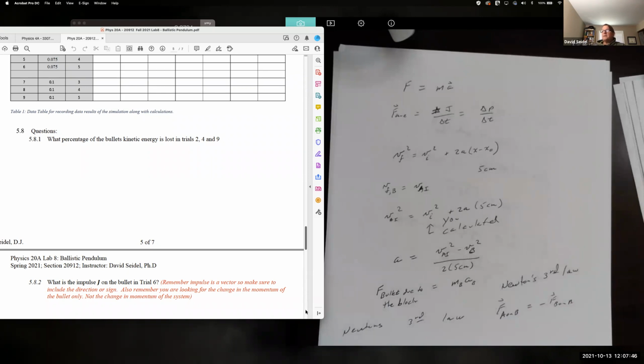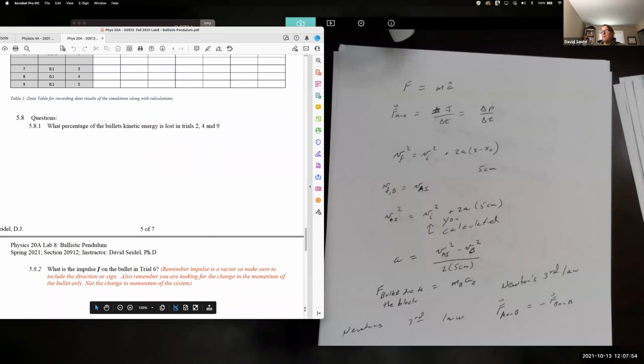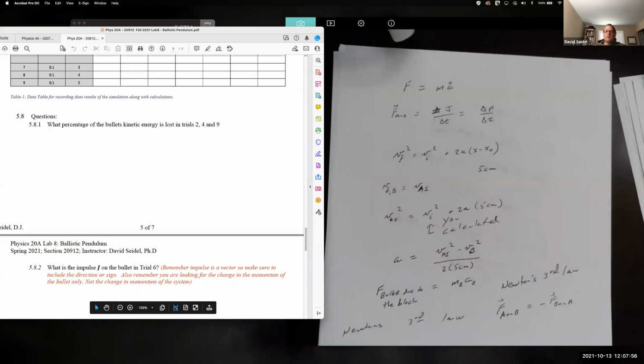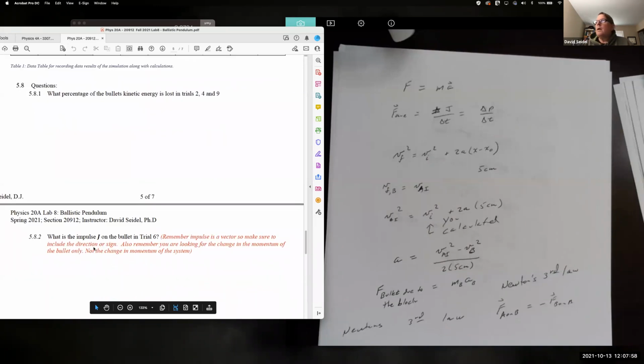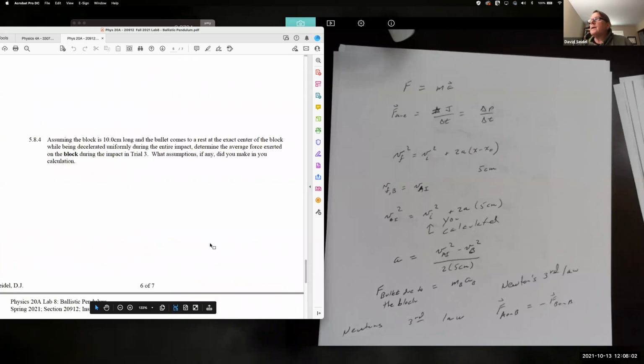So I ask you in 5.A4, why this is moving this way. Okay, so I ask you in 5.A4, the force exerted on the block during impact.